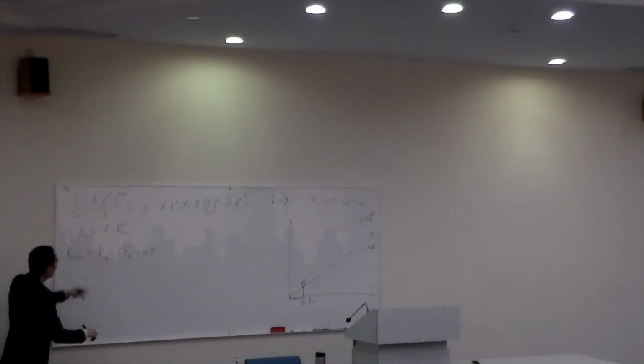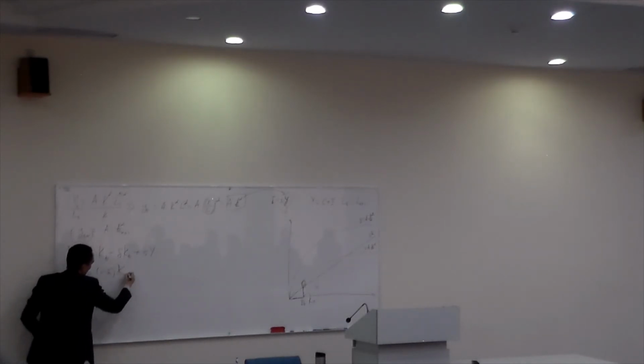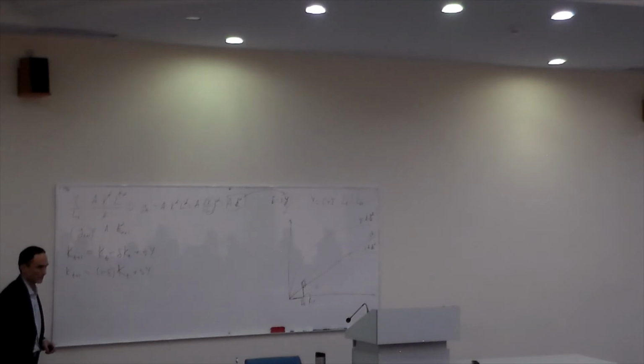So now I can write Kt plus 1 is equal to 1 minus depreciation rate times Kt, these are all aggregate, plus saving rate times output, right? So now we have to convert it into per capita terms.